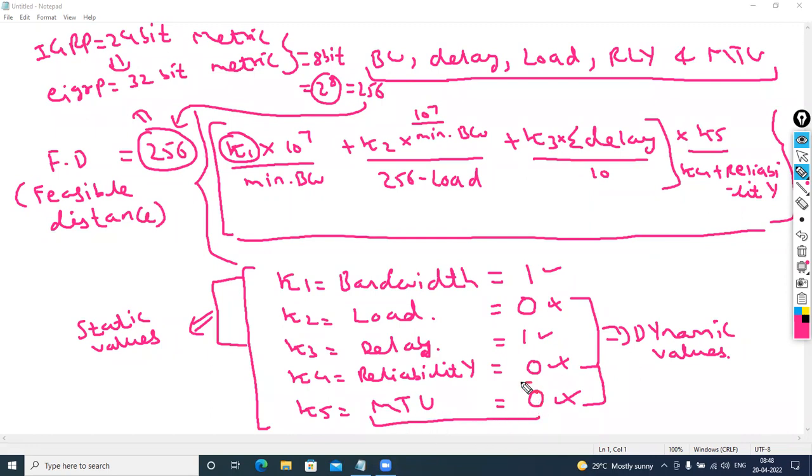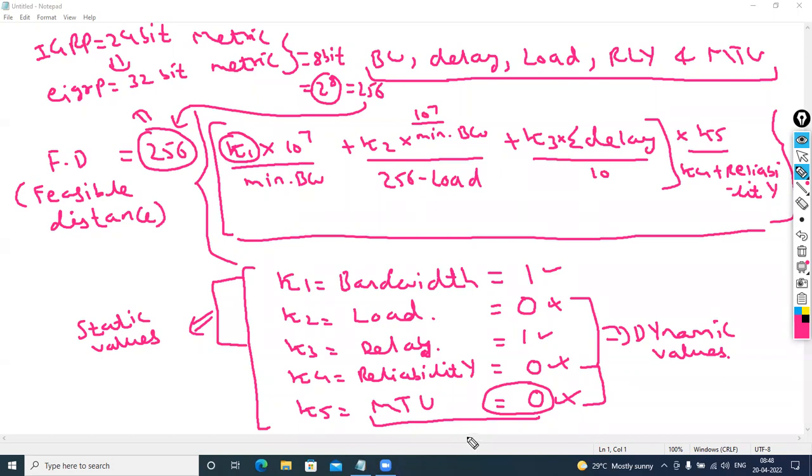But we still don't use the MTU part, because of jumbo frames, anything above 1500, you need to adjust your MTU in order to allow that particular jumbo frame. So that's why we also consider MTU a dynamic value, because your router will drop a packet if it is more than 1500. By default, it is 1500, right?